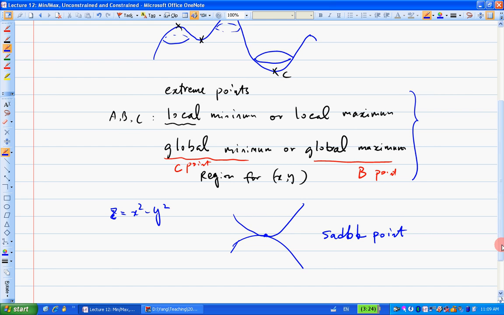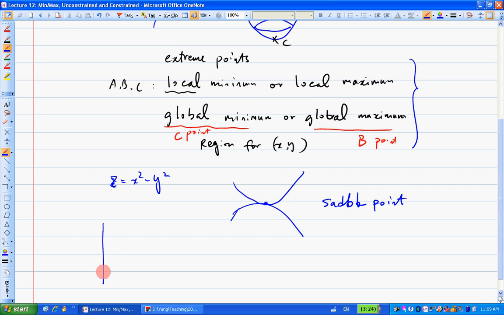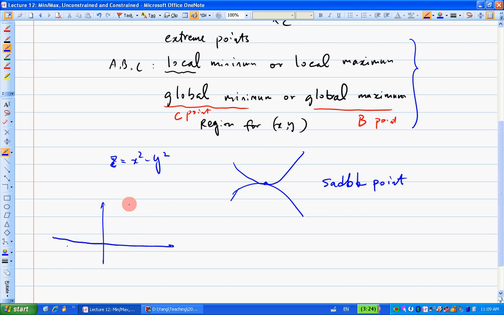As a matter of fact, if you recall in single variable systems, you may come across a function like this. This is just an example. This is like y equals x cubed.